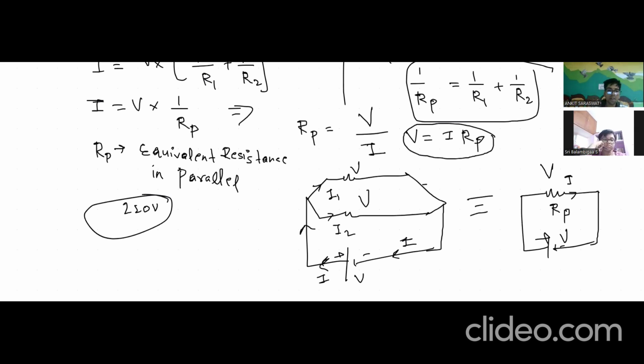So in case of parallel combination, what is constant? Voltage. Voltage is same across R1, R2, and R3.